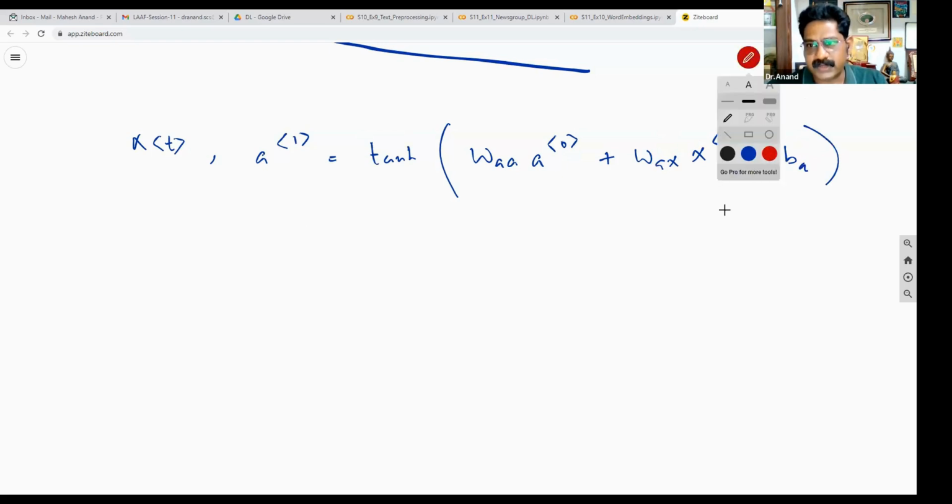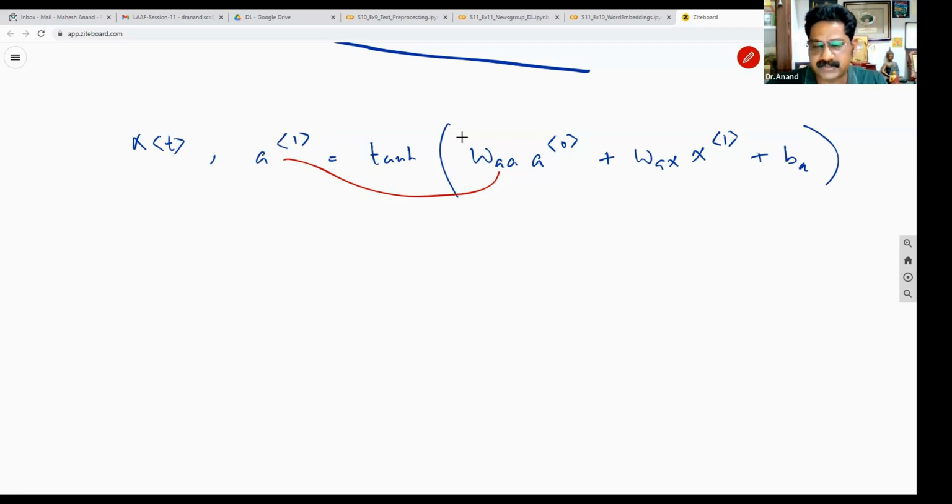So how has this notation been used in the literature? See, this is the weight matrix. The first subscript indicates what kind of output this weight matrix is going to yield. We know the A notation is the hidden state.